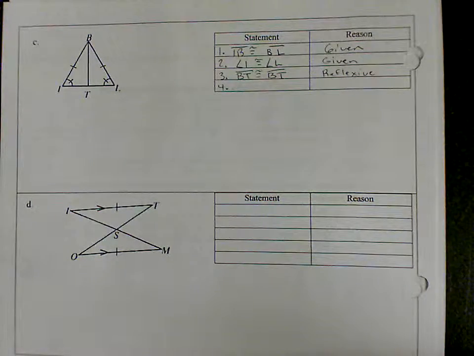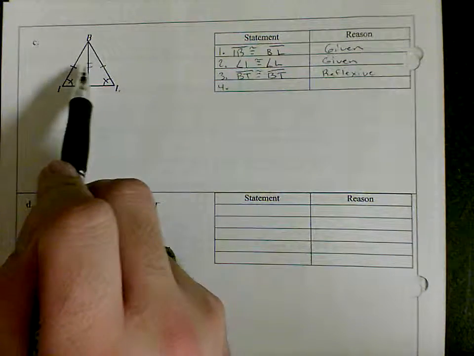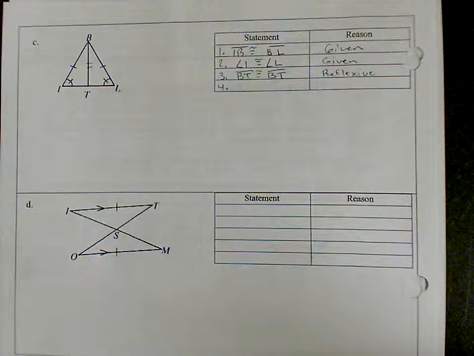And so next thing now we can do is pick which triangle theorem we can use. So if we've got this angle, this side, and that side, what property would that be? And if you're tempted to write down ASS, just remember to ask yourself, is that a correct theorem?